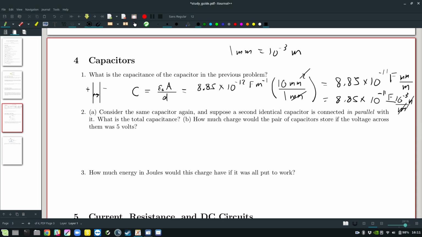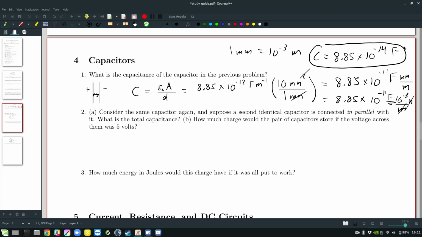So the meters will cancel and we're just left with farads, but that is the unit of capacitance. And so C will just be the usual 8.85, but then multiplied by 10 to the 11 minus 3, so 10 to the negative 14 farads.